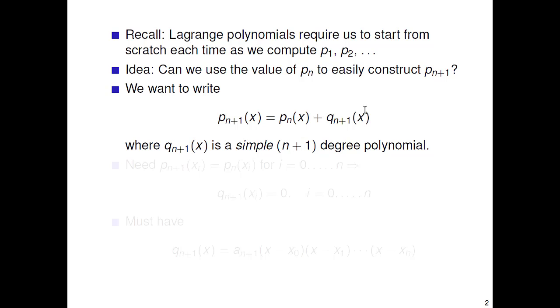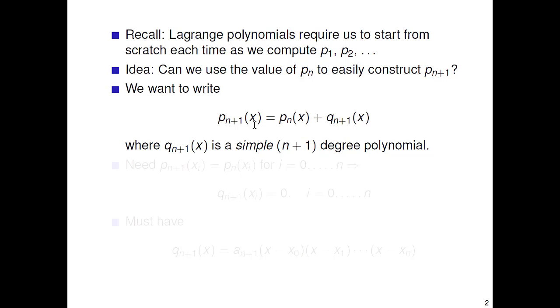Okay, so let's just think about what would have to happen if we could come up with a representation like this. Well, what would we need? Again, most of our data points are already being interpolated correctly using Pn here. Whatever value we're getting for Pn, we want to still be getting for Pn plus 1, right? We don't want to change the results.